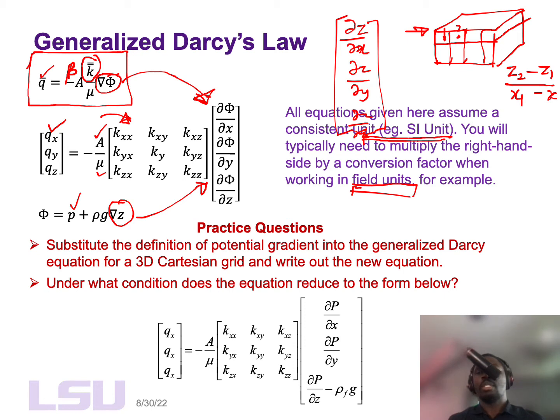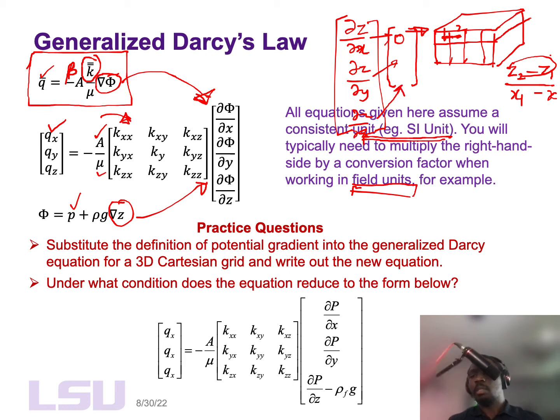And then what's the difference between z2 and z1 if it's completely horizontal? The z values for both grids are identical, right? So this difference will be 0, and the contribution of the z, the x, will be 0. I'm going to write it in a more compact form.